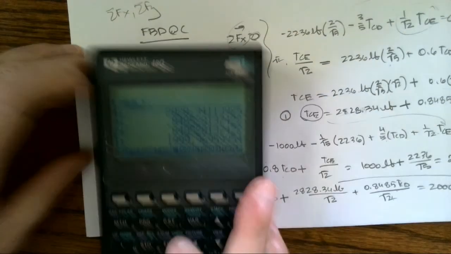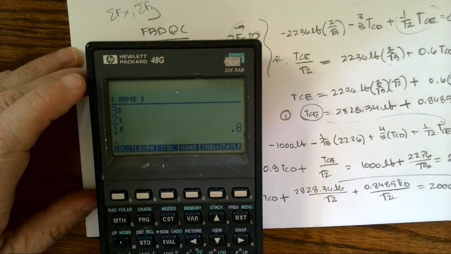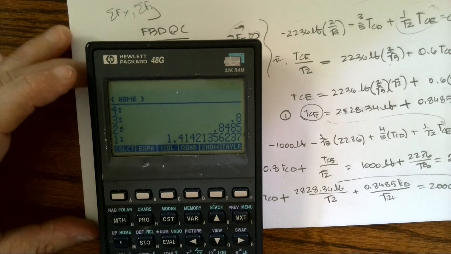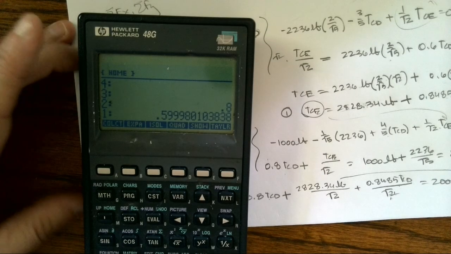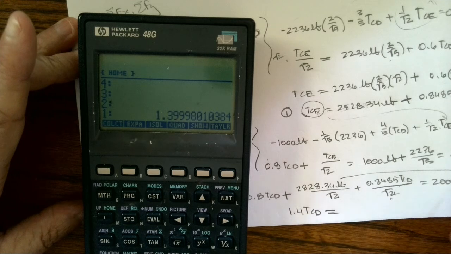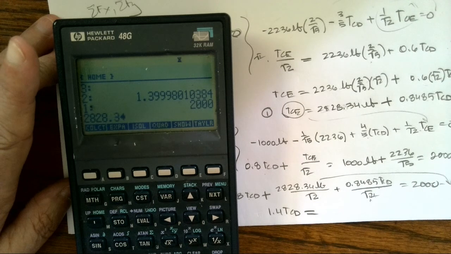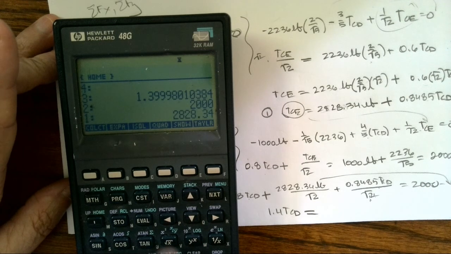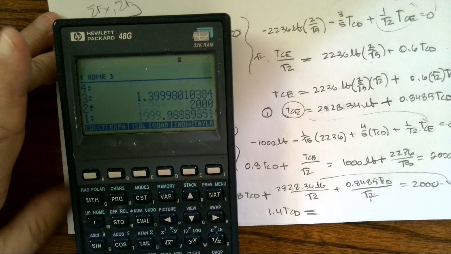So I get 0.8485 divided by root 2, which is 0.6. I'm going to add 0.8 and 0.6, and I get 1.4 TCD equals 2,000, and I'm going to subtract 28.34 divided by the square root of 2, and I get 0.